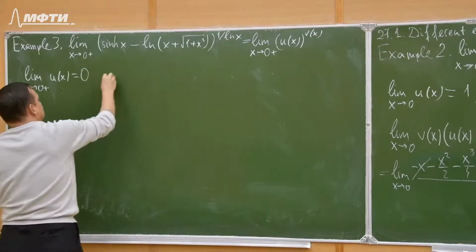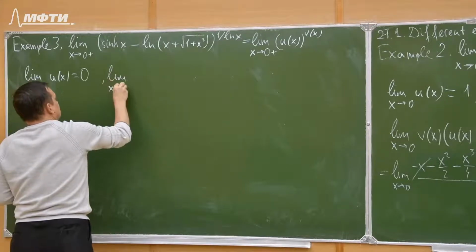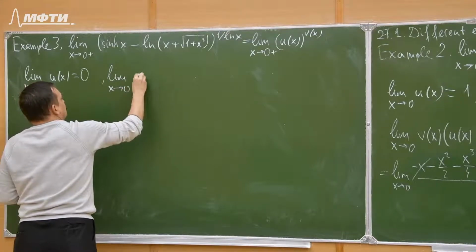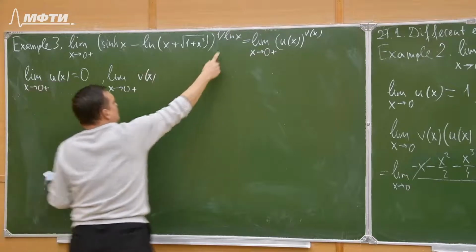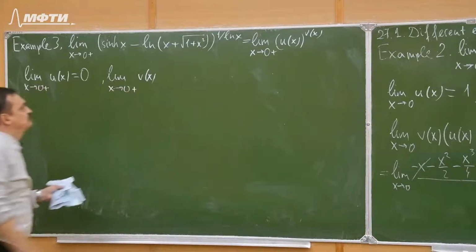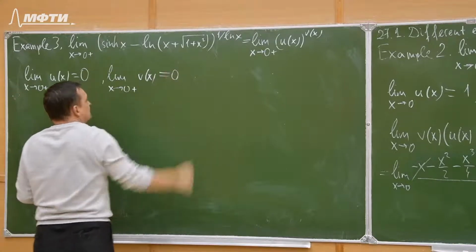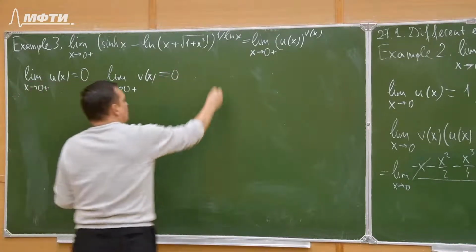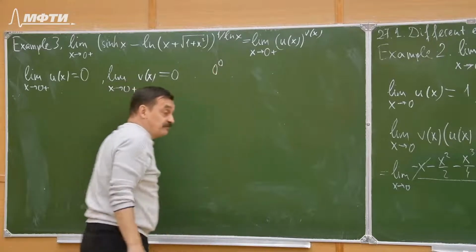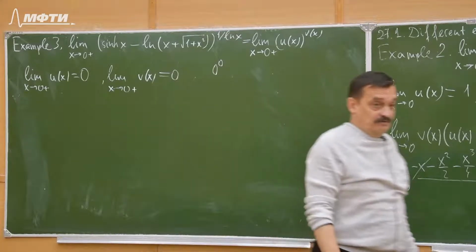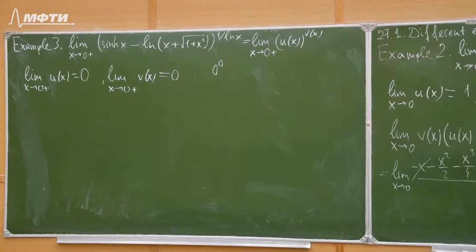And also limit of v of x. Logarithm tends to minus infinity, 1 over minus infinity is 0. So we have indeterminacy of a different form, 0 power 0.